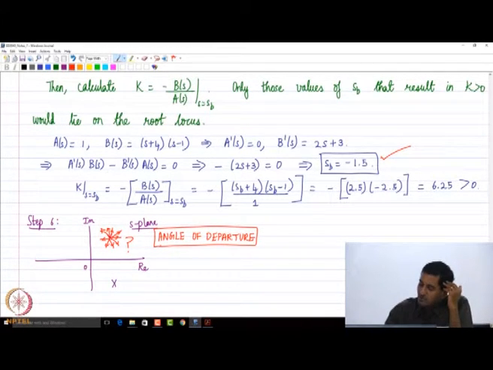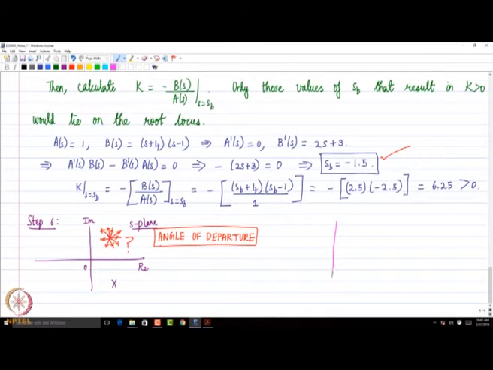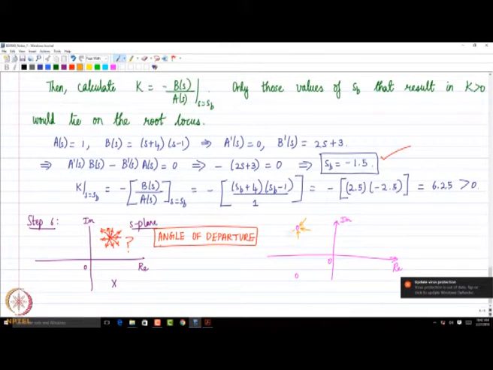Similarly, if I have an open loop zero which is complex conjugate, same logic. I have the real and the imaginary axis in the s plane. Let us say I had two open loop zeros which are complex conjugates here. I know that we are going to have two branches coming in to this open loop zero as k tends to infinity.